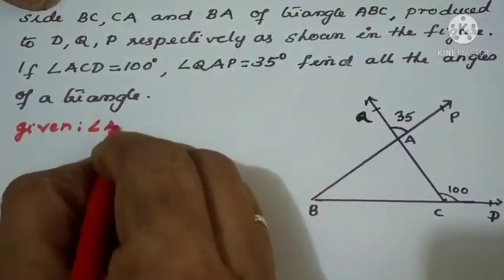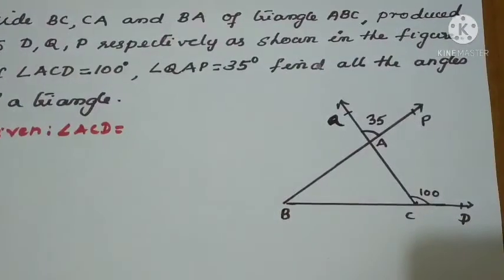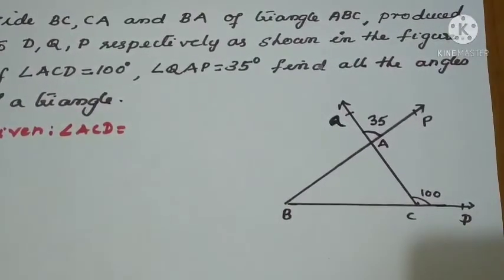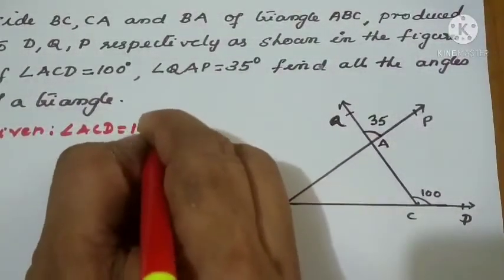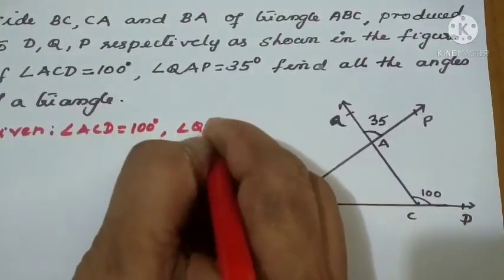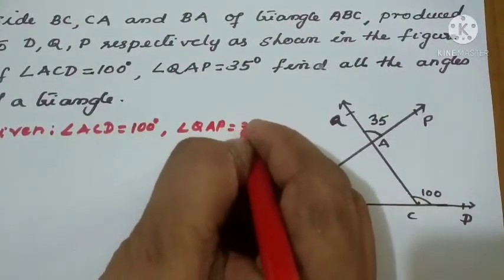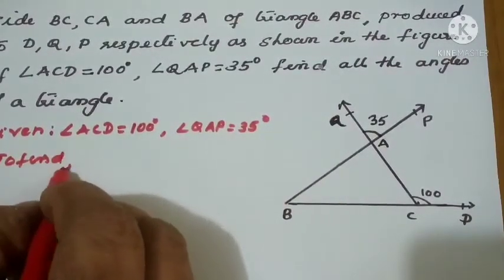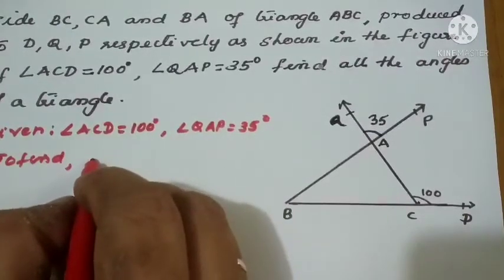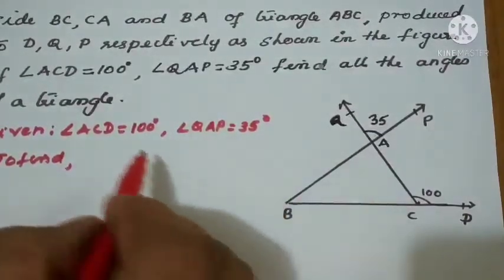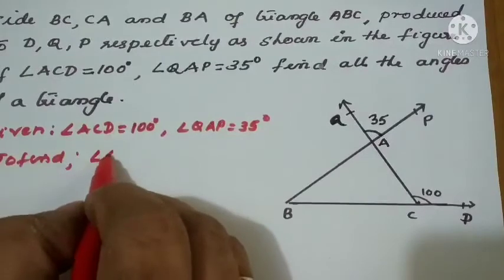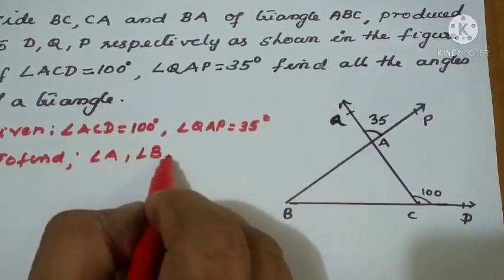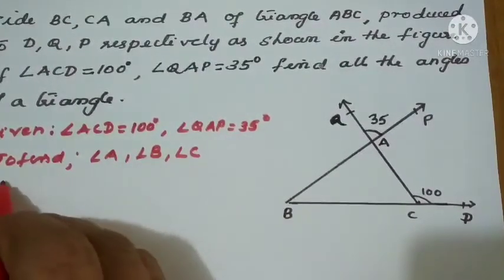Angle ACD equals 100 degrees, QAP equals 35 degrees. To find angle A, angle B and angle C of the triangle.